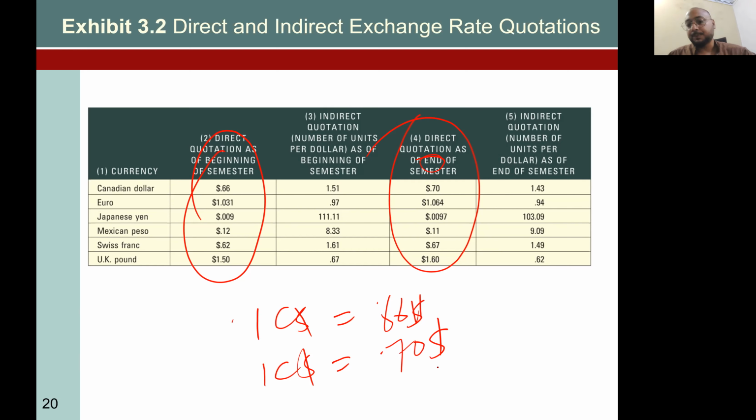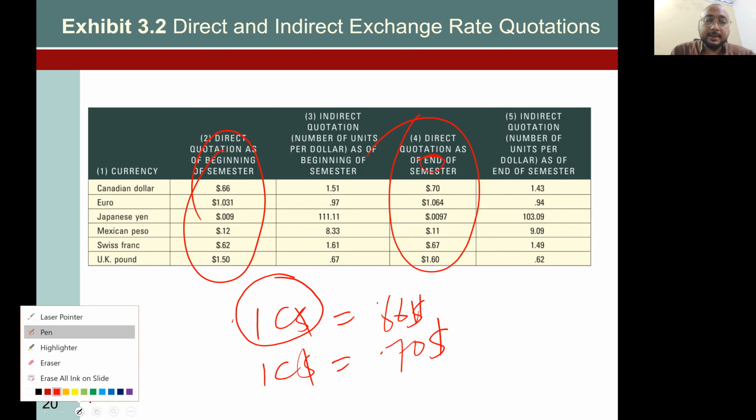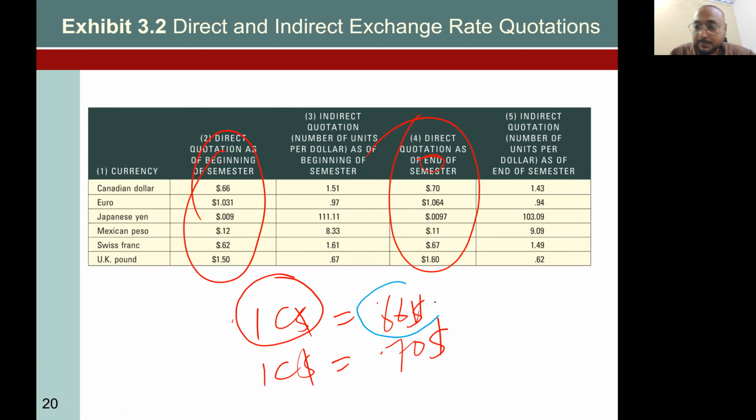Now, Tiffany, we are dealing with one here, 1 Canadian dollar. Previously, 1 Canadian dollar is equal to $0.66, and now the Canadian dollar is $0.70. So the value of the Canadian dollar increased. Tiffany, answer me.